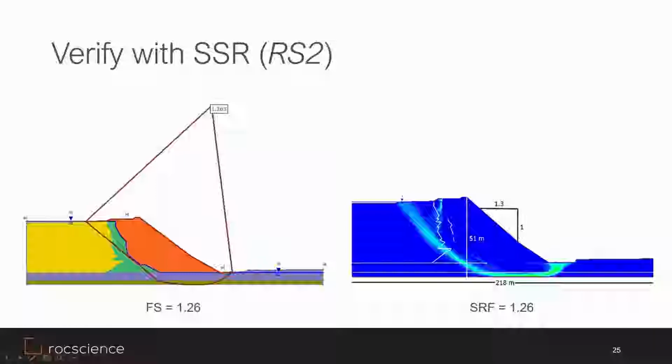If we compare the failure surfaces in both methods, you can see that they are very similar, and the factors of safety are both 1.26. This shows the strength of the surface altering approach to find first the failure mechanism and also the factor of safety, similar to the finite element method.